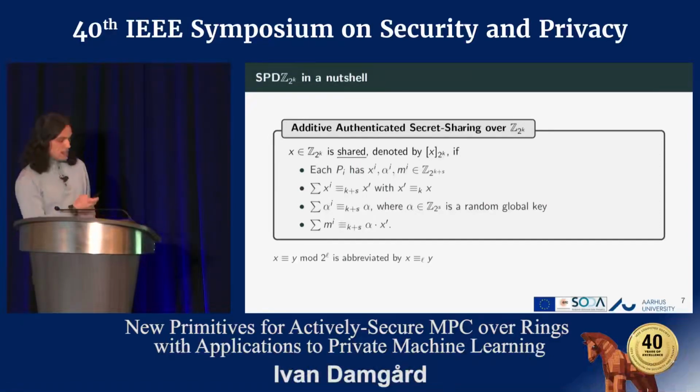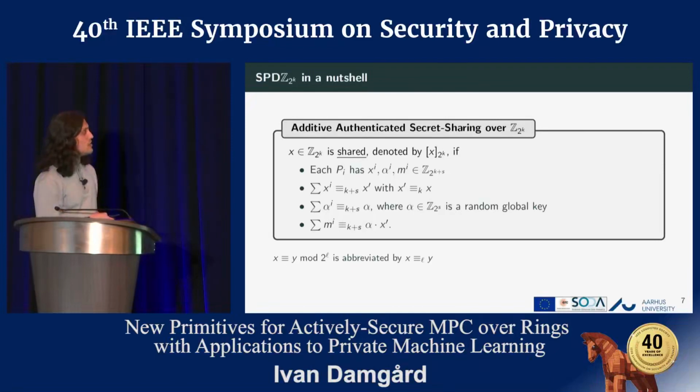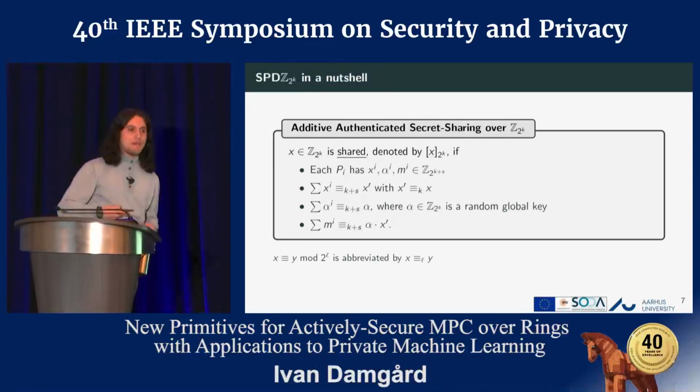And in SPDZ2k, the secret sharing scheme works as follows. To share x, which is an integer modulo 2^k, we proceed as follows. Each party is going to have an additive share of x. But it's not really an additive share of x, it's an additive share of x'. This notation, by the way, means that these two things are congruent modulo 2 to the number that is here. So s is going to be the security parameter, and each party is going to have an additive share of x', where x' is not x, but is congruent to x modulo the lower k bits.